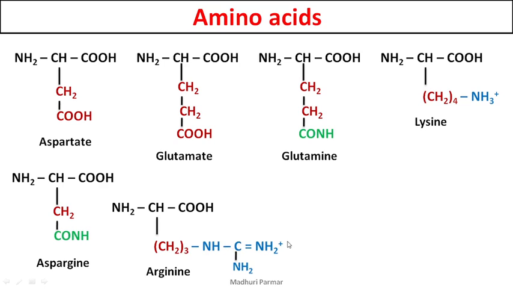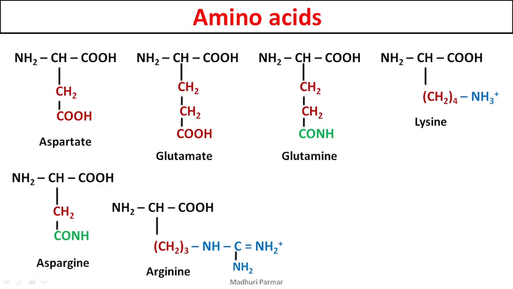To this carbon, 2 more NH2 groups are present. Clear? So just write it like this or remember it like this. It has 3 NH or NH2 groups attached to it. Clear? So this is nothing but the structure of arginine.